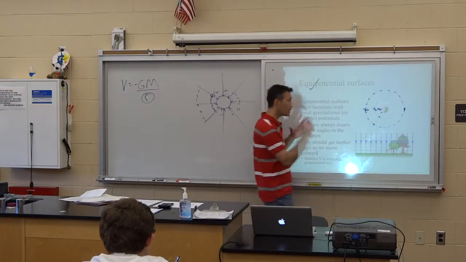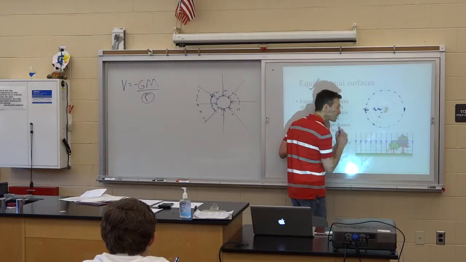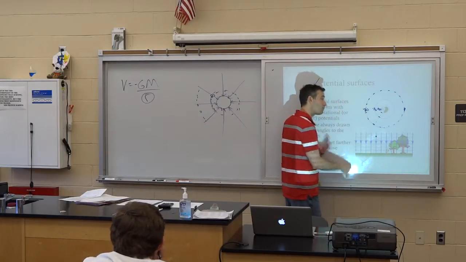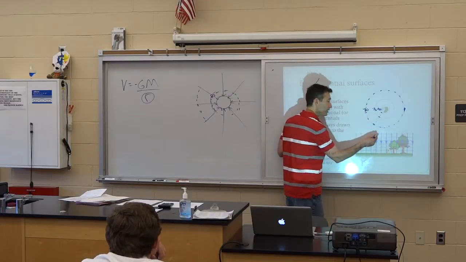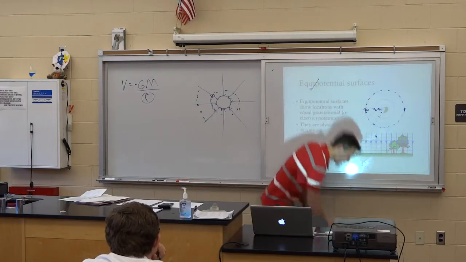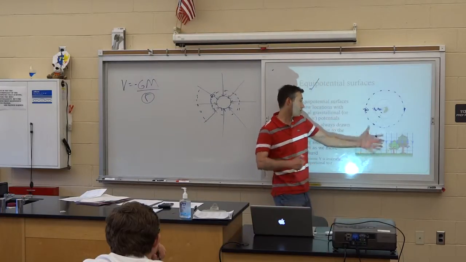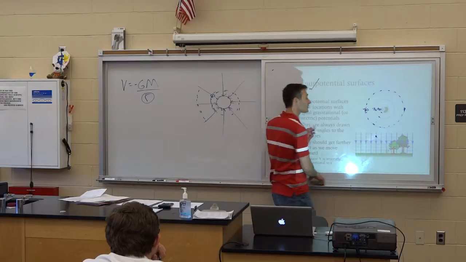All that the gravitational field does is show us the direction that the gravitational force would act on some mass. So if we drop our dry erase marker from right here, it would feel a downward force, and unless we gave it some tangential velocity, it's just going to follow that field line down until it hits the surface of the Earth.